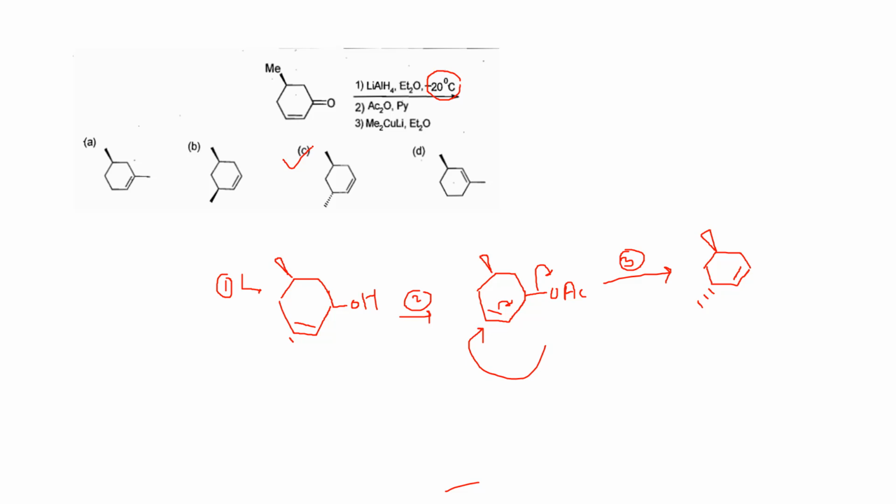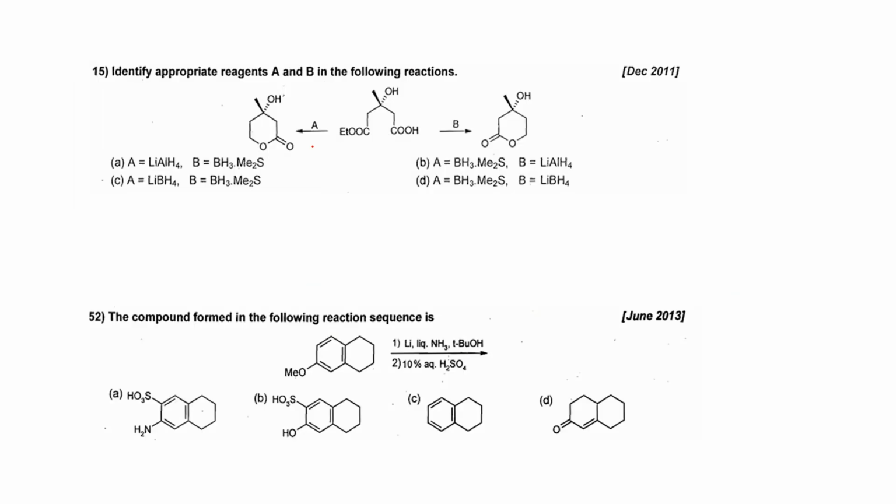Let's go to the next question. Identify the appropriate reagent for A and B for the following reaction. So you have to identify the appropriate reagent for A and B. Now, how the product of A will be formed and how the product of B will be formed. First we have to get that, then we can choose the reagents.